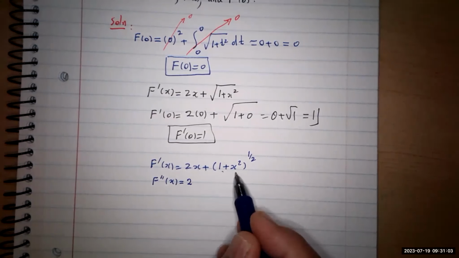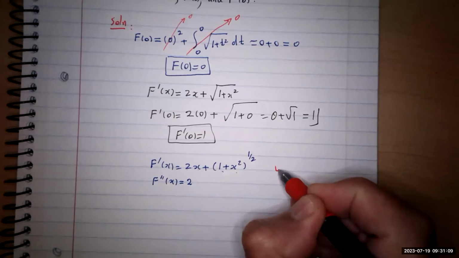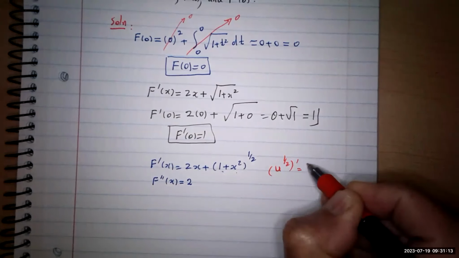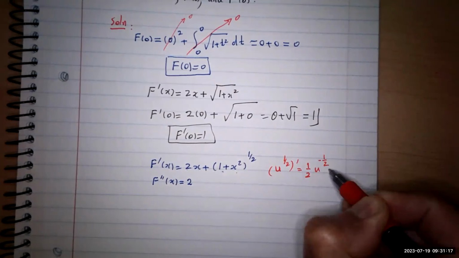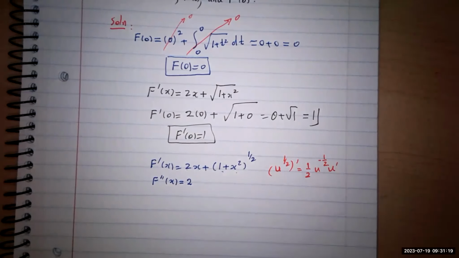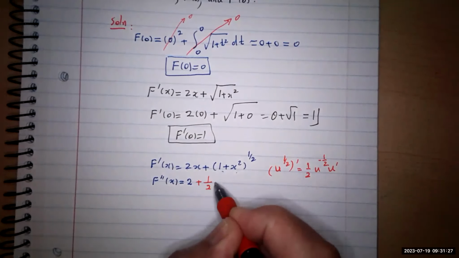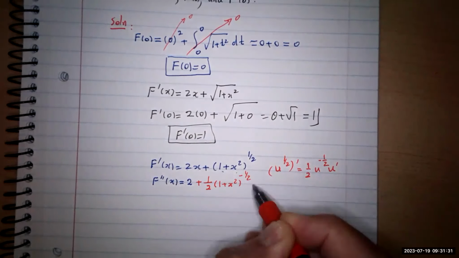Now for this one over here, you have to use the chain rule. The chain rule that you need is u to the half. You bring the half down, 1/2 u to the negative 1/2, and multiply by u prime. So in this case, it's going to be 2 plus, you bring the half down, 1 plus x squared to the negative half times u prime.